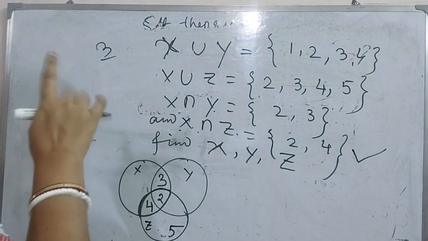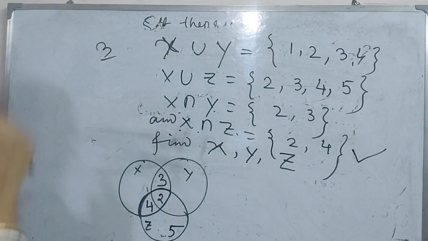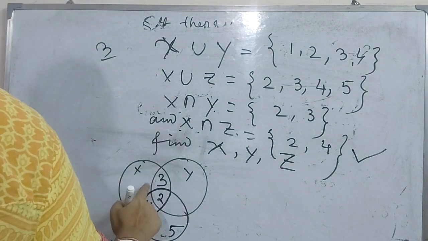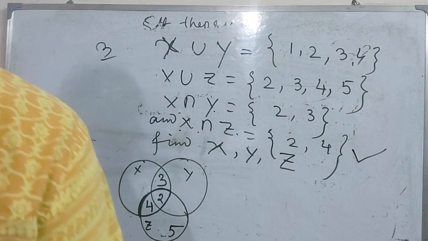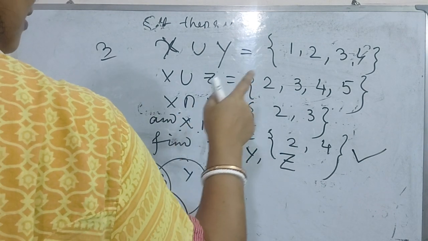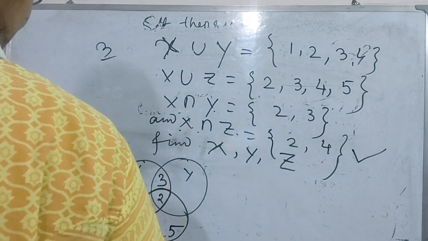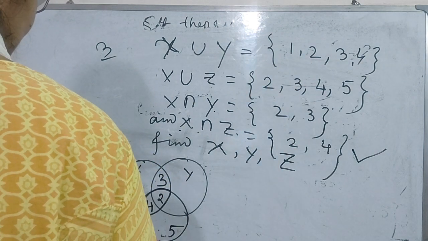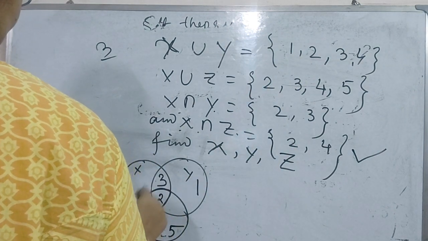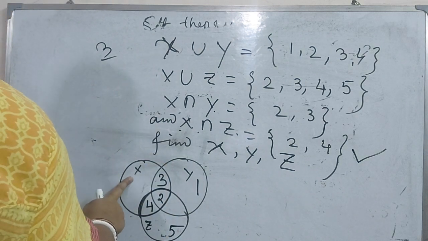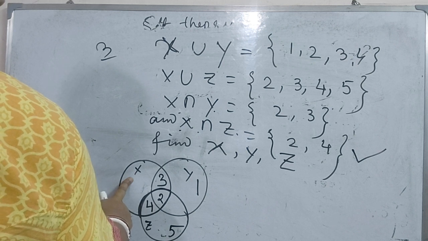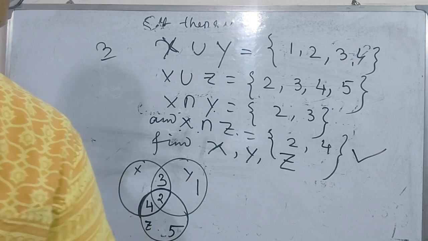Okay. X union Y equals 1, 2, 3, 4, because X intersection Z is here.